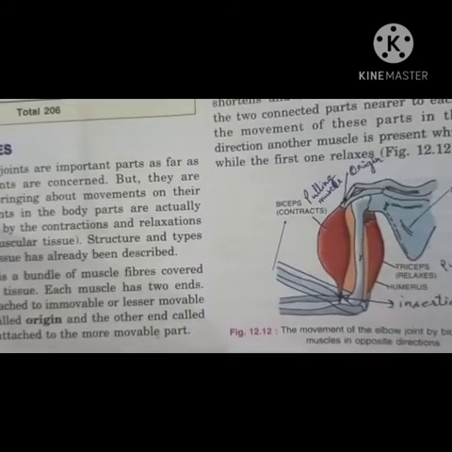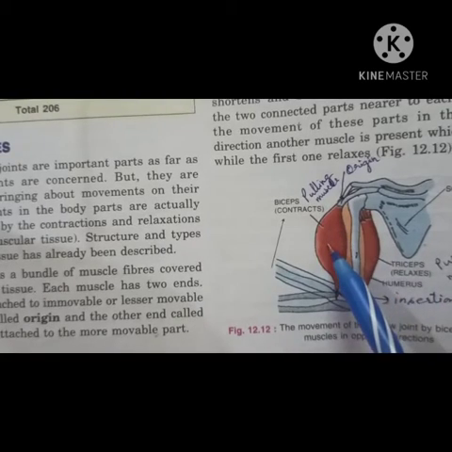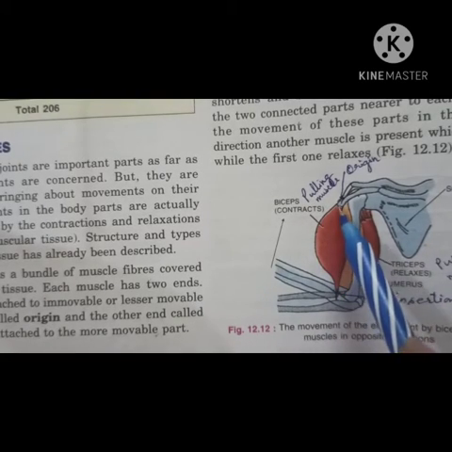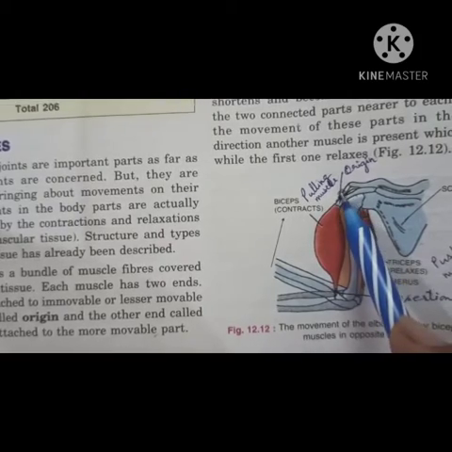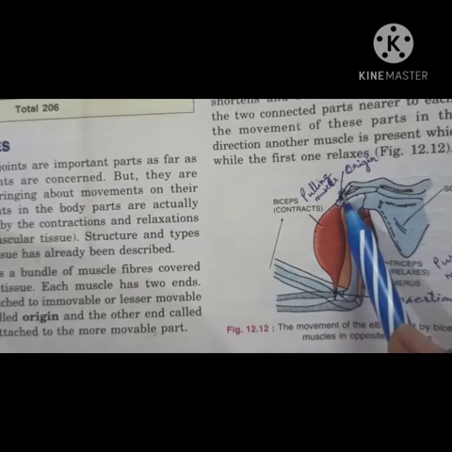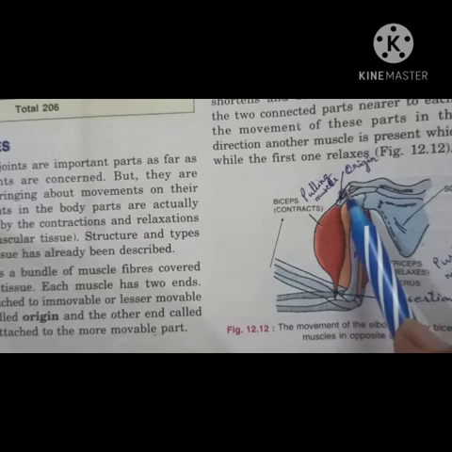Just look at this diagram. Here this bicep muscle is there and its one part is attached to the immovable or less movable part of the shoulder.